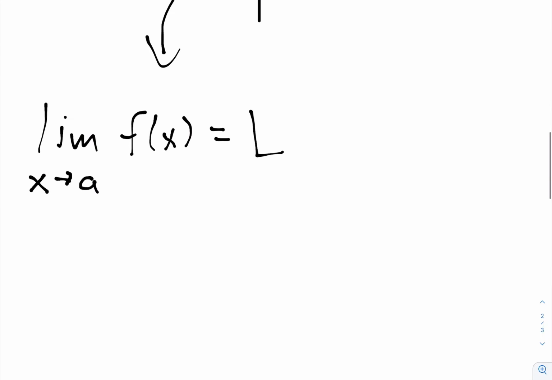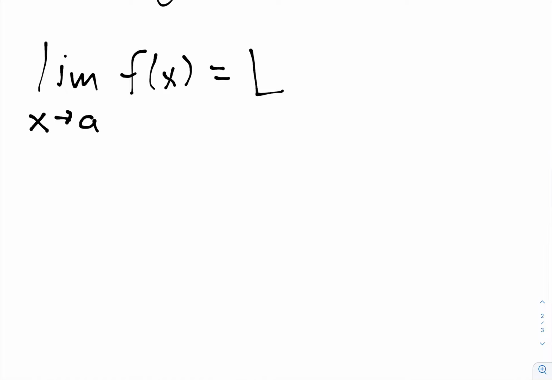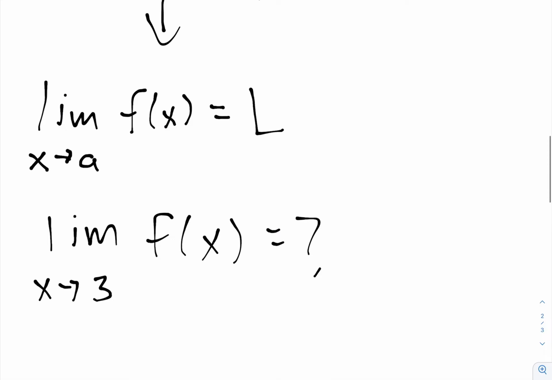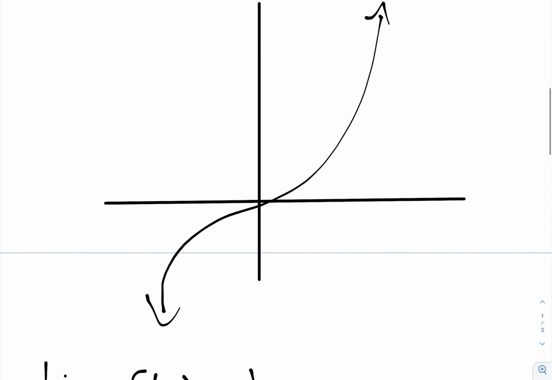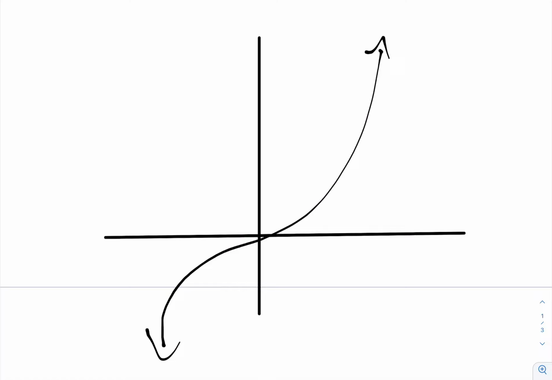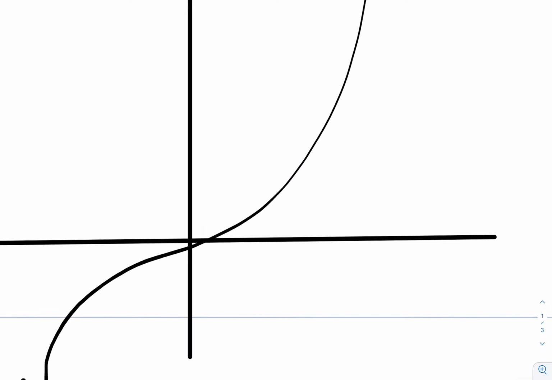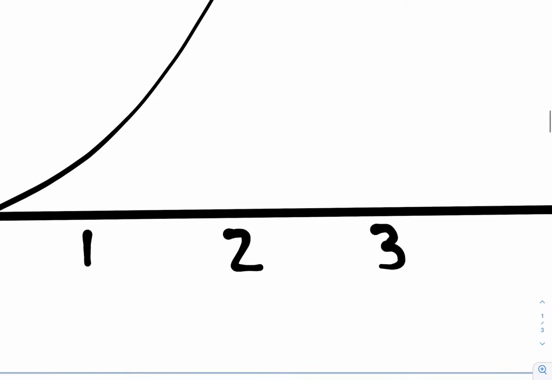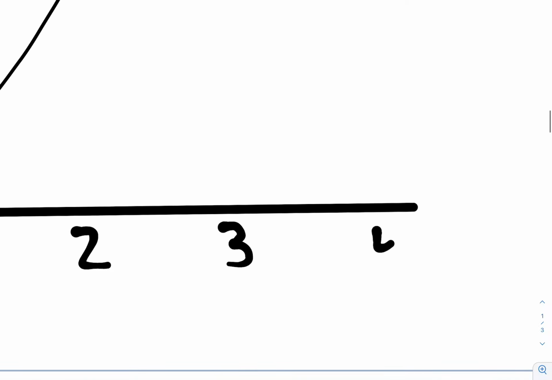Let's say we're trying to find the limit as x approaches 3, like we did above. So the limit as x approaches 3 of f of x, what does that equal? Well, the limit is just the value the function approaches as x approaches some value. Let's say we split it into 1, 2, 3, and 4.